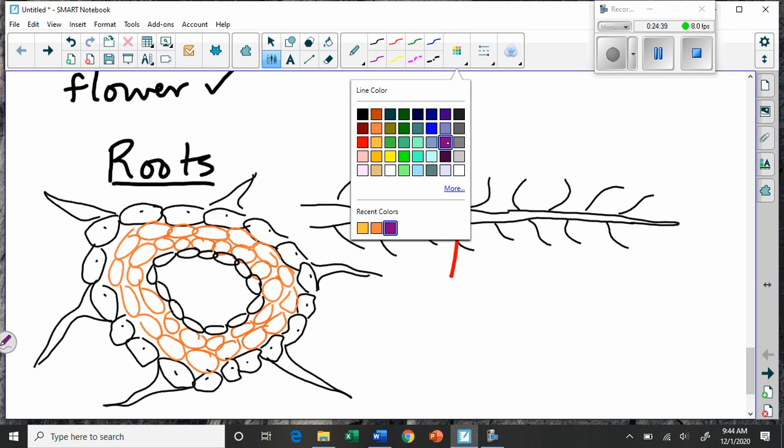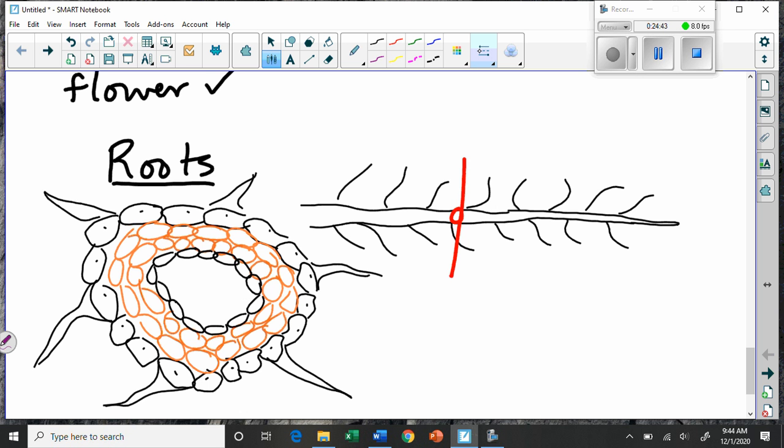Wrapped around these cells, wrapped all around these cells is a waterproof material, right? I'm going to draw it like this. And over here, I'm going to draw what that actually looks like.